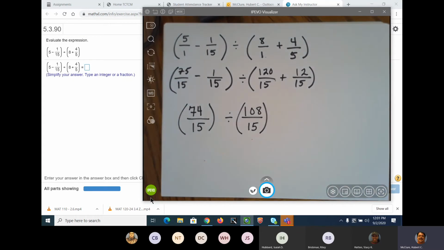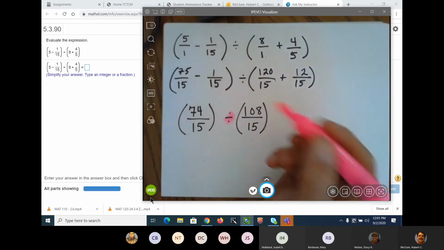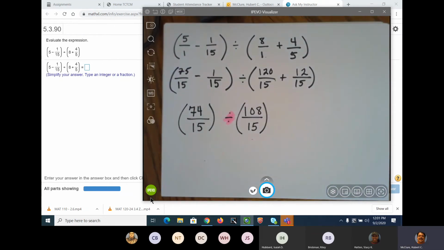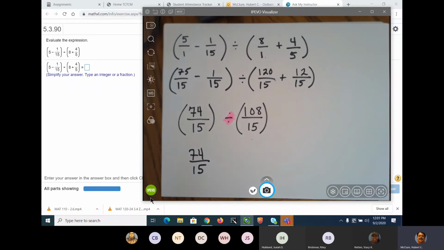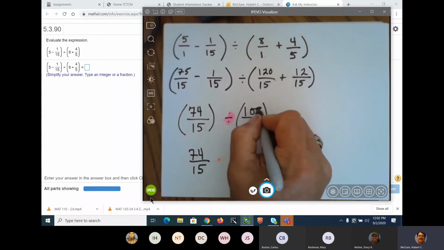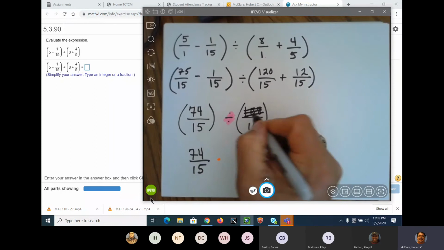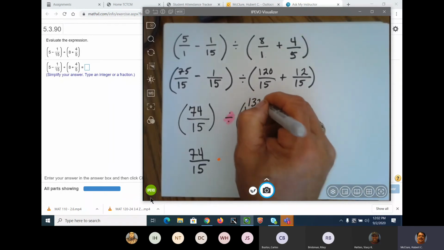And when you divide by a fraction, you multiply by the reciprocal. So that's going to be 74 over 15 multiplied by... I think it was 120 plus the 12. Oh, thank you. I subtracted. Okay, so that's going to be 132. Thank you so much. Now, you're supposed to wait till the end of the problem. That's what you do. 132.